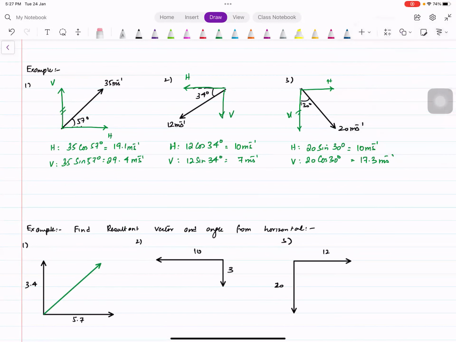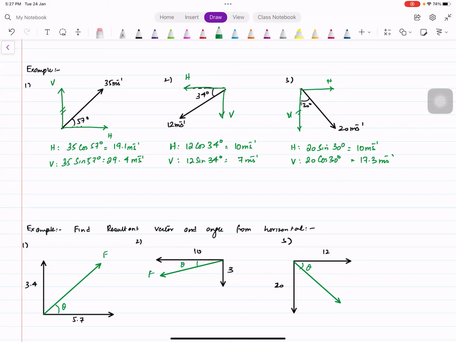If it's going down and left, somewhere in the middle then. And for right and down, it will be somewhere in the middle as well. Right now they want you to find this angle theta, which is from the horizontal, and also find the value of the resultant. Let's call this F.